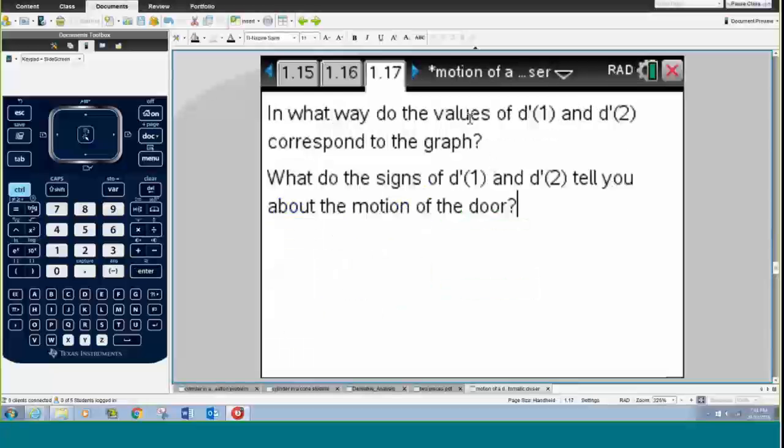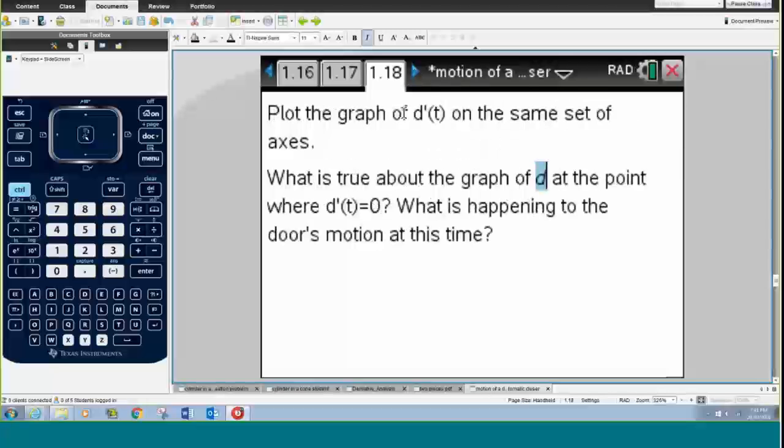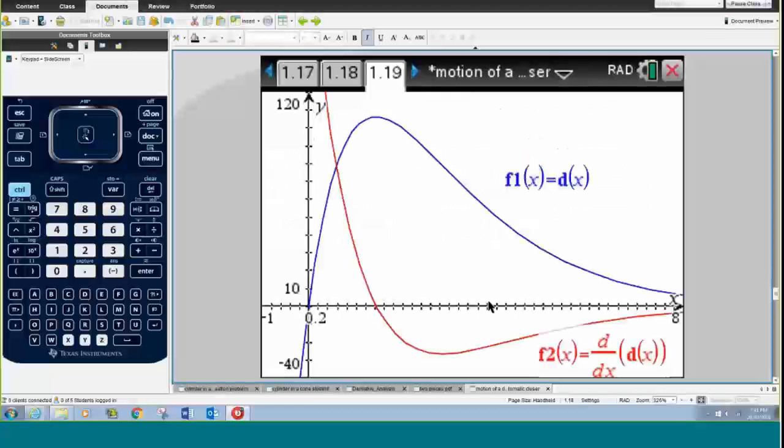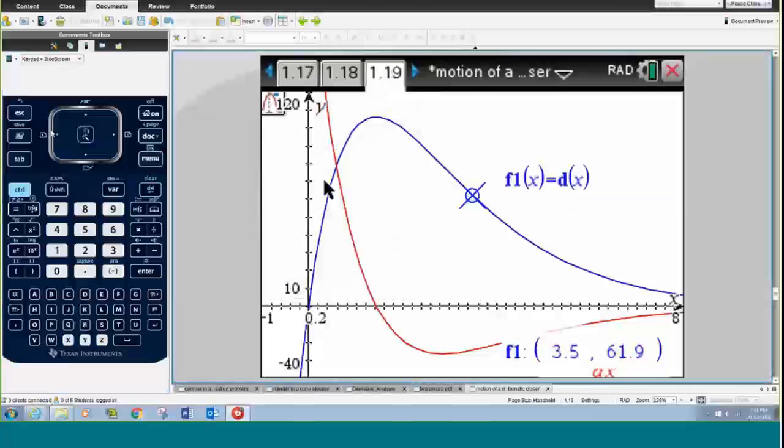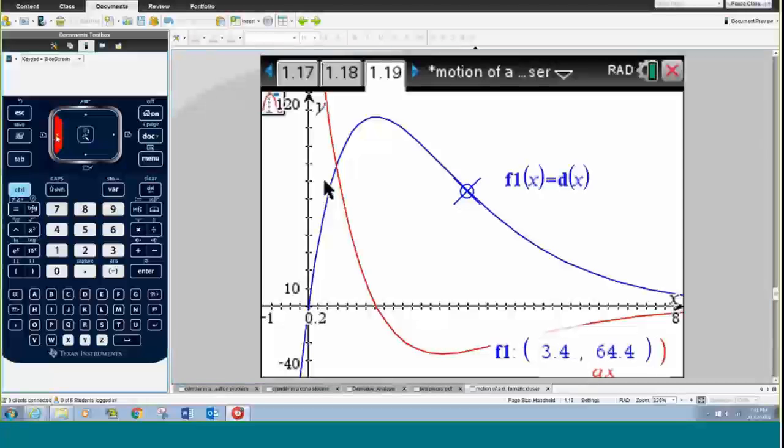So now we would like to see in what way the values of the first derivative at 1 and 2 correspond to the graph, and what we can tell about the motion of the door by looking at those gradients. So we can again answer this question by sketching the graph of the derivative, and as Pam showed, we can match those values using the trace graph and graph trace, again moving between maximum and minimum.